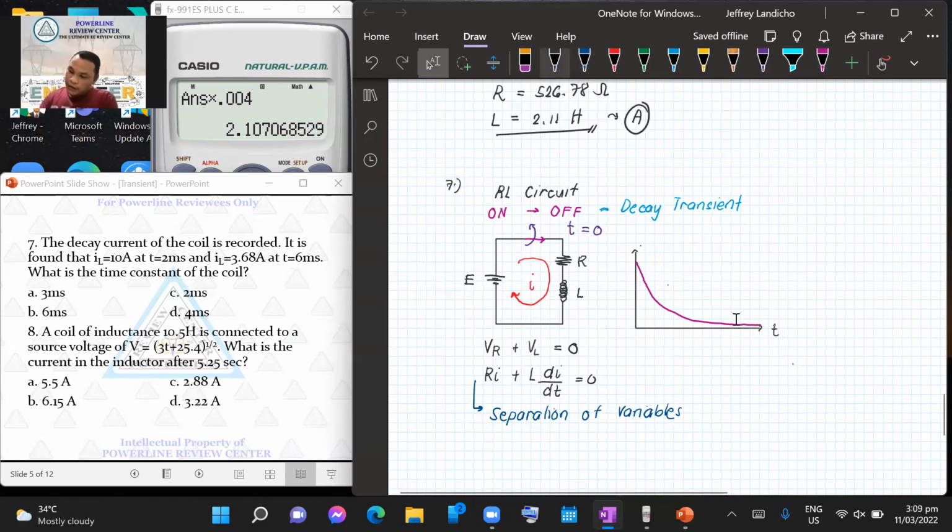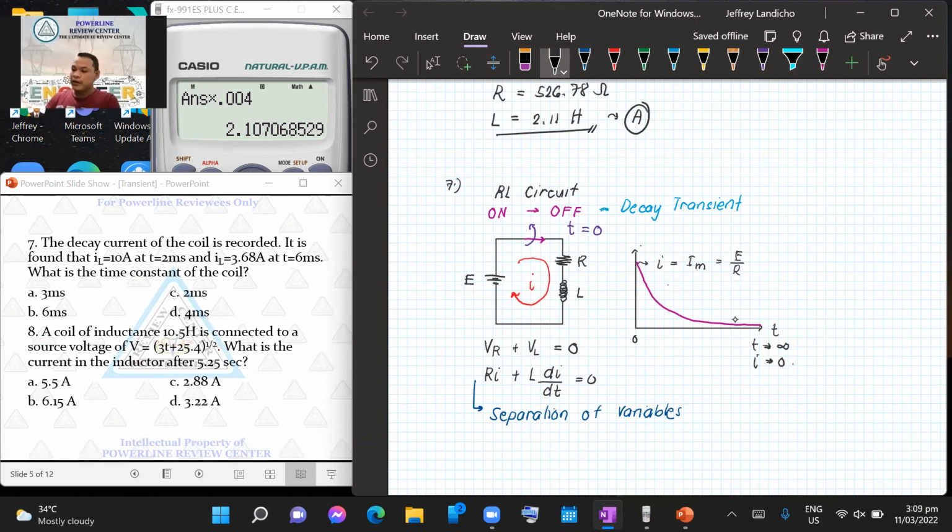What would be our initial values there? If we look at time equal to 0, this is our current, which is equal to the maximum value, always equal to E over R. Now, as time approaches infinity, our current approaches 0. So it is the opposite of initiation, that's why it is decay.